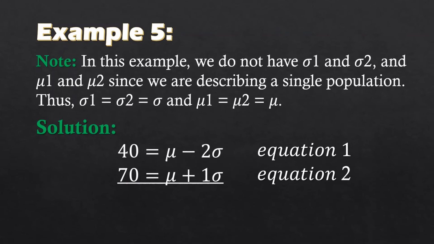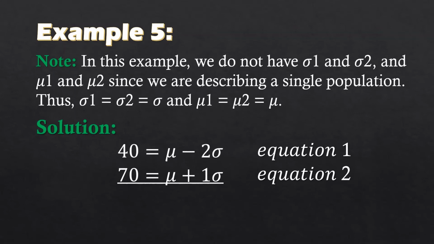When we recall our linear systems, how to simplify those and find the solution, in here we are going to find the solution for the mean and the standard deviation. We can use a method which is elimination. How can we do that?